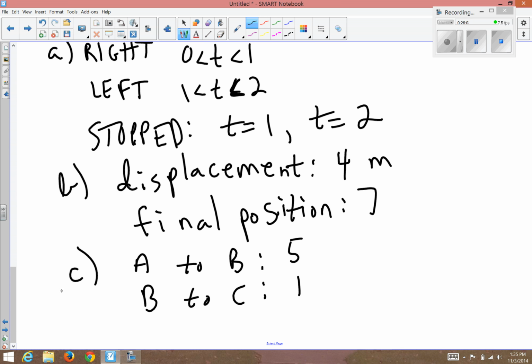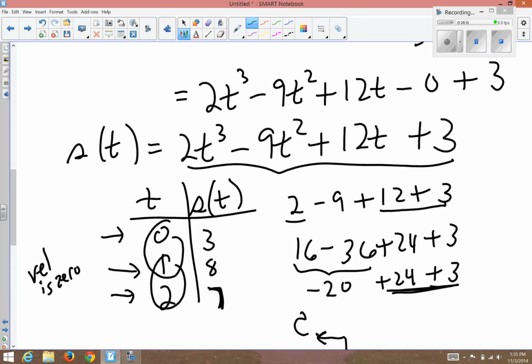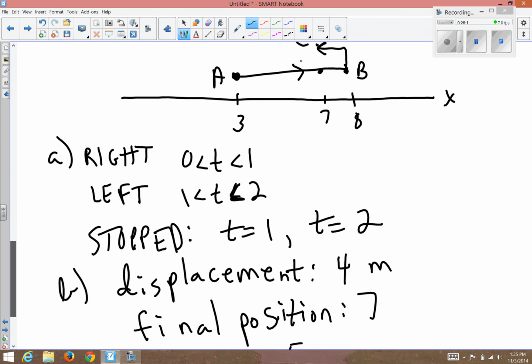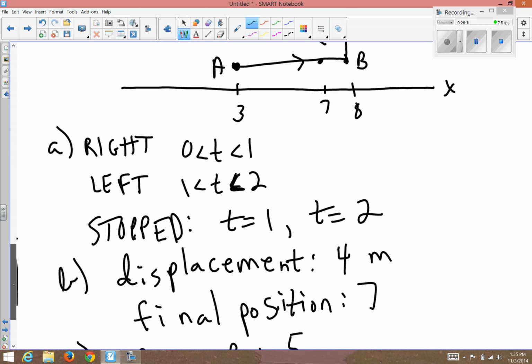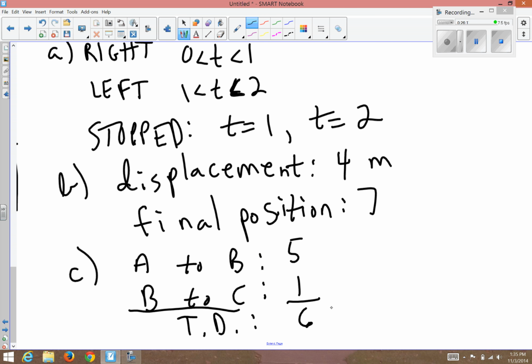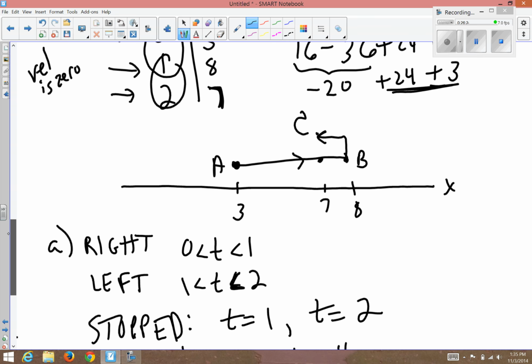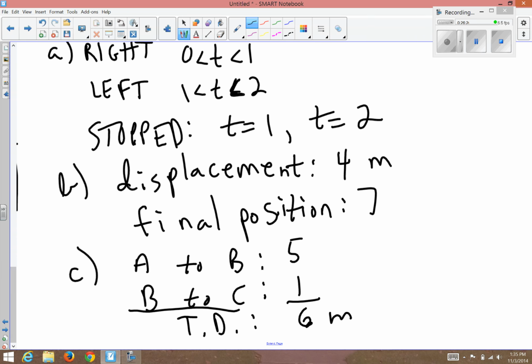These distances are never negative. So the total distance the particle traveled to get from A to B to C is 6 meters. 5 meters plus 1 meter. That's it.